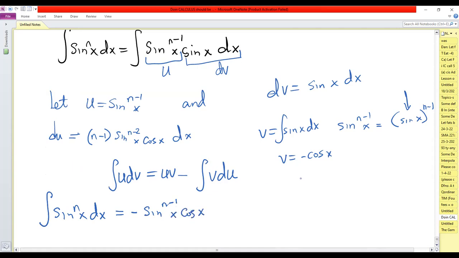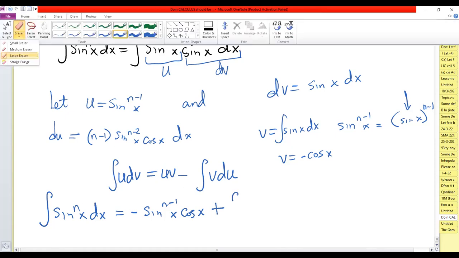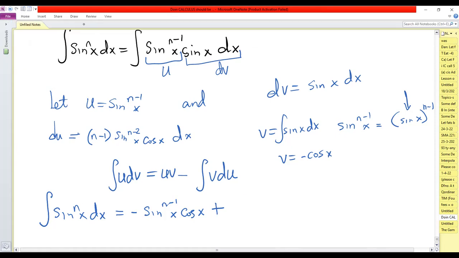The negative sign comes because v is negative cos of x. And then minus the integral of v du. Now our du is this value and our v is this negative cosine of x. So because we have a negative sign here, this negative and this negative in the formula will cancel to give a positive sign. And also n minus 1 is a constant, which can always be written outside the integration sign.